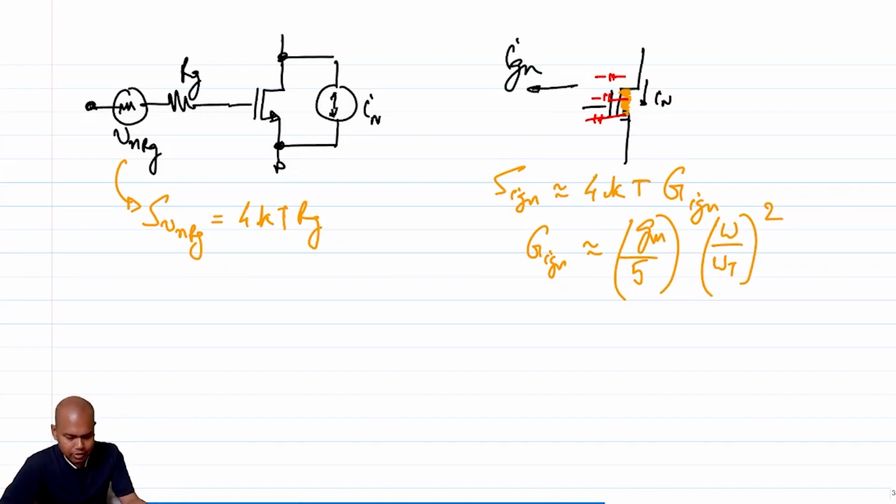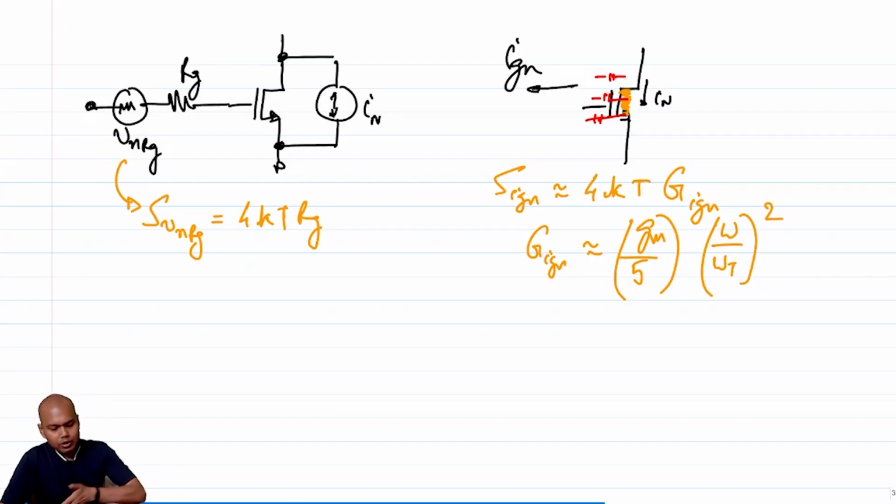Now if I stare at these terms, it should not be a surprise to appreciate that this IGN current power spectral density is proportional to Gm, because the root cause is IN, right? And the power spectral density of IN is proportional to Gm, so it is expected that the power spectral density of IGN will also be proportional to Gm.